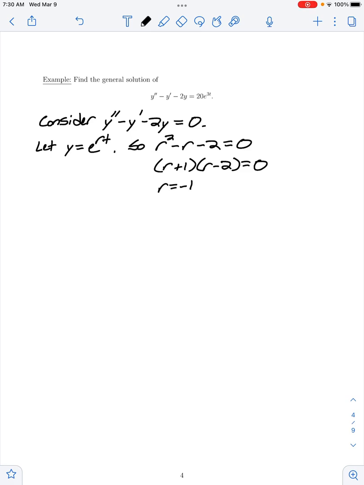And so r would be negative 1 or positive 2. Again, we're working in the case of distinct real roots of that characteristic equation.